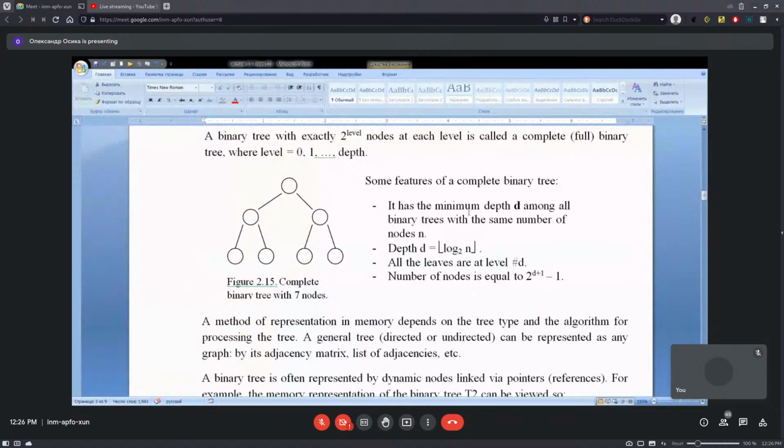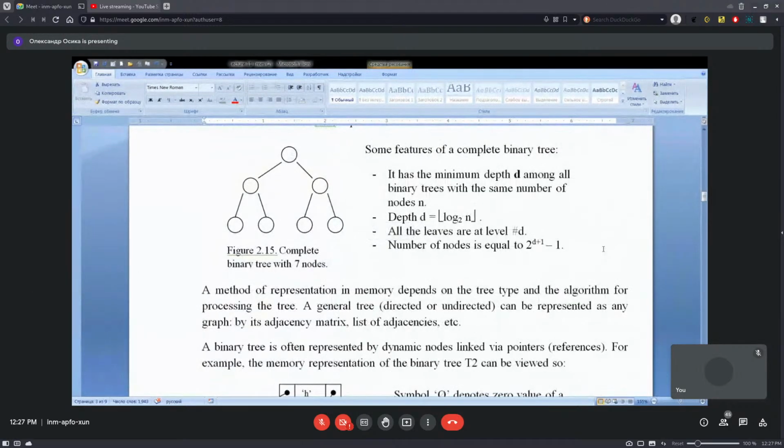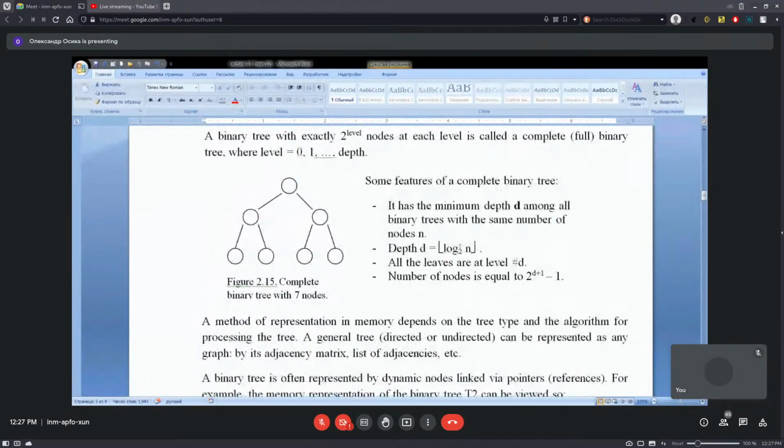It has the minimum depth d among all binary trees with the same number of nodes n. It is in a full or complete binary tree. All leaves are at level number d, depth.